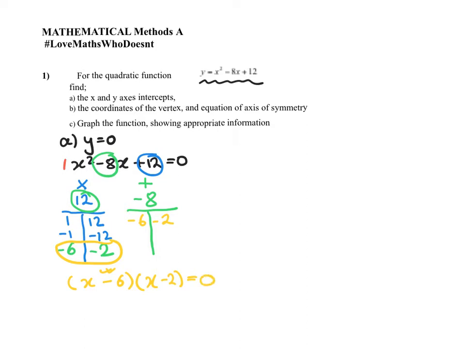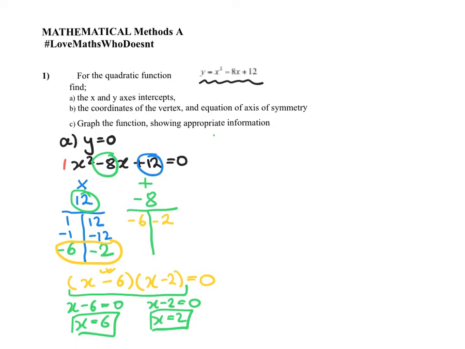In order for this expression to be equal to 0, either x - 6 has to be 0, or x - 2 has to be 0. This only happens if x is equal to 6 or x is equal to 2. So we have the x-intercepts, and now we're going to find the y-intercept.